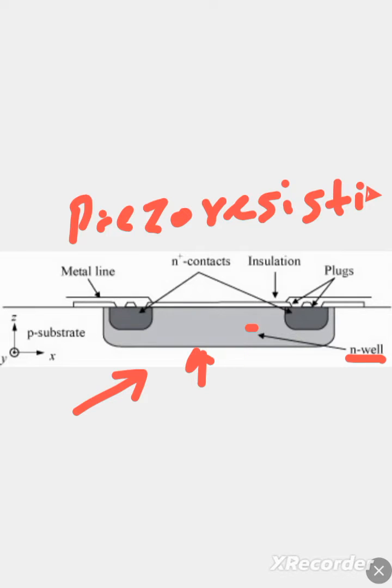So what you can see here is that in this n well you have these n plus contacts at the two ends. These are called n plus contacts to make solid ohmic contacts to this n well resistor.